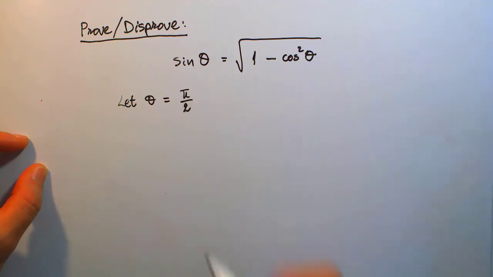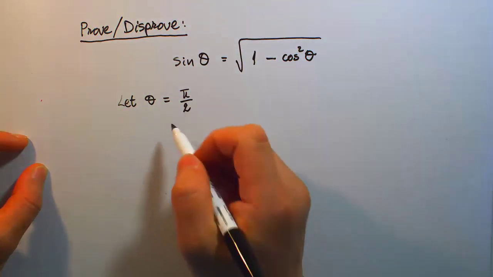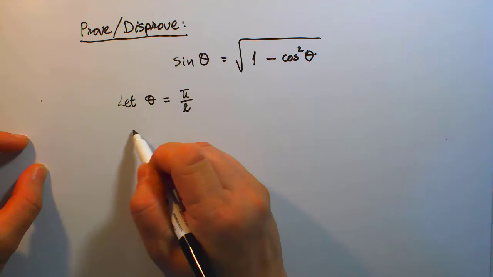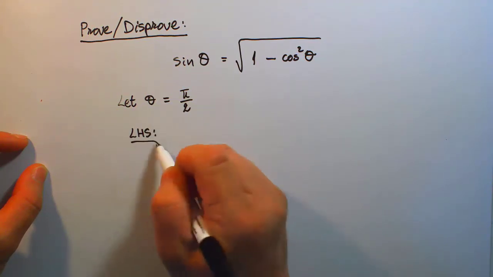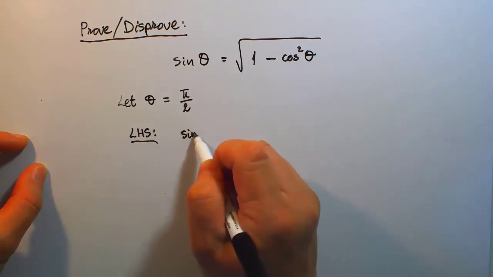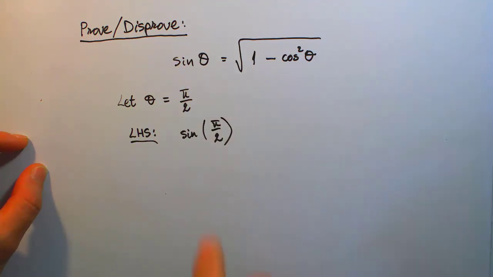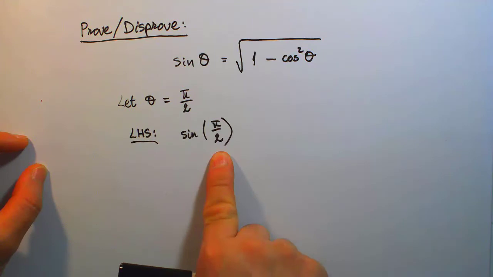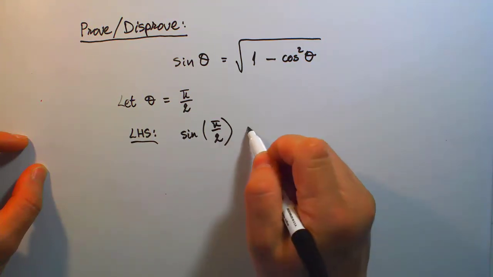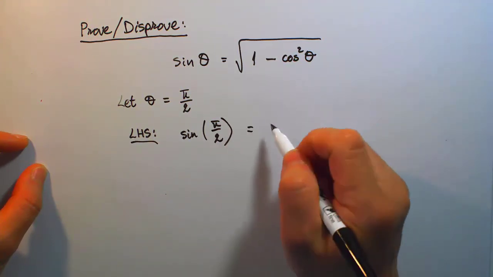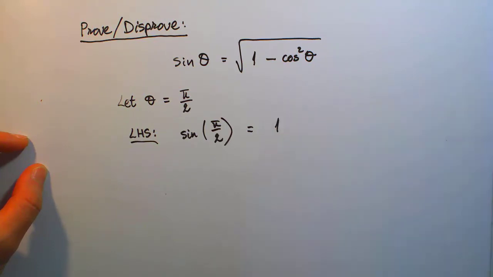pi over 2. Okay. And so with theta equals pi over 2, the left-hand side gives me sine of theta, as we substitute it in, sine of pi over 2, which in turn equals 1.